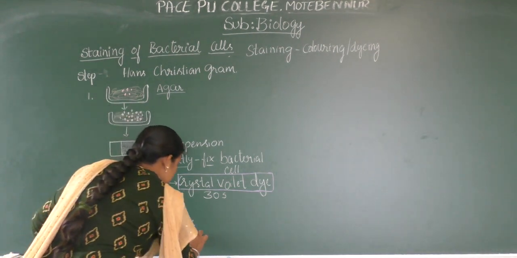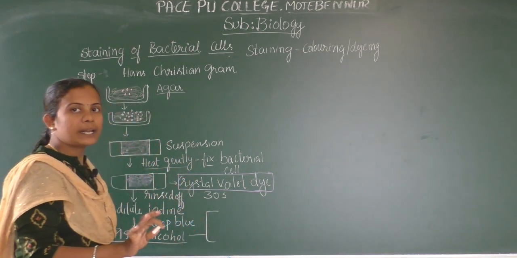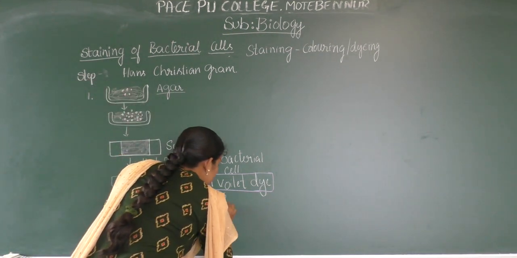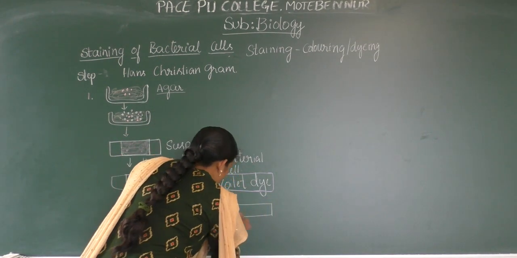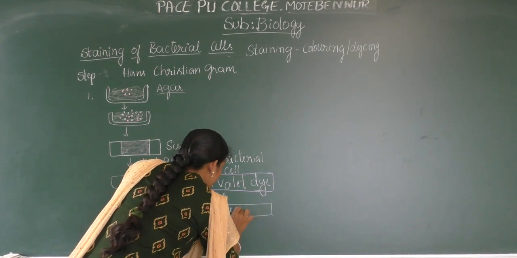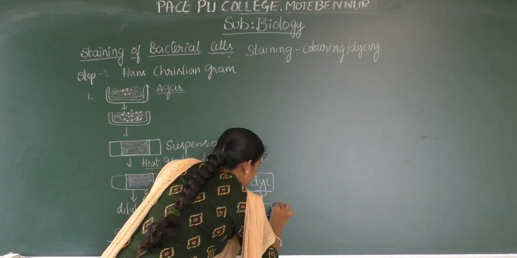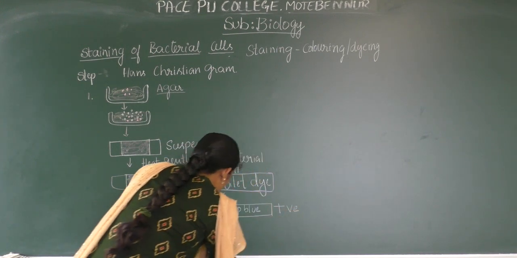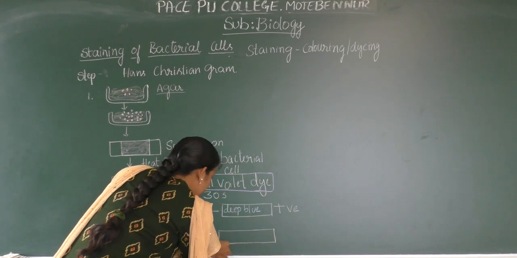So here this is the end of the Gram staining method. By this, two types of cells are observed on the same glass slide. Deep blue color containing cells will be there, and those are called gram positive cells. A few cells also do not possess any color.